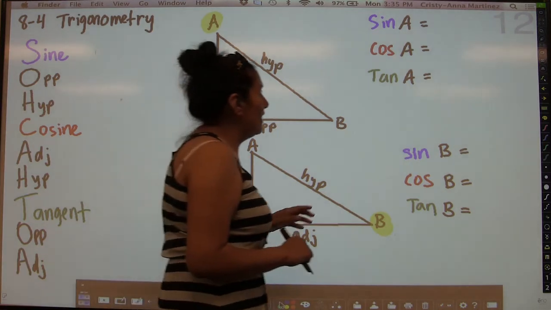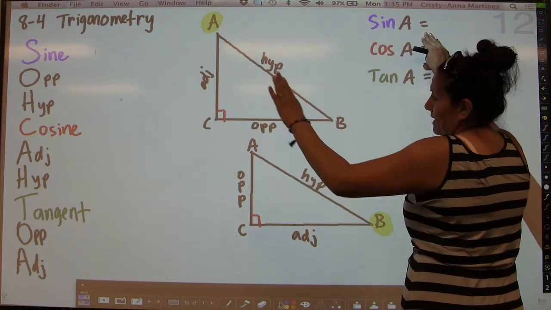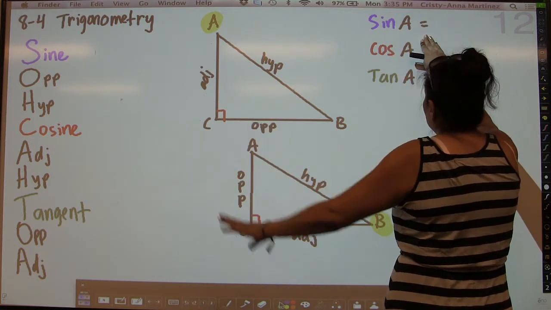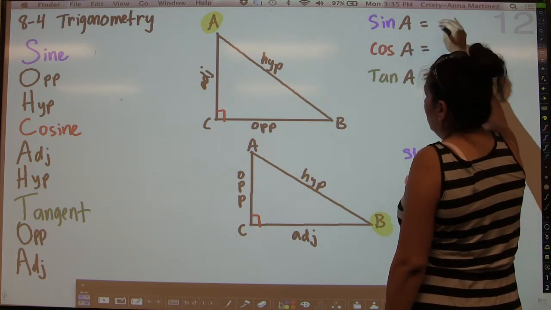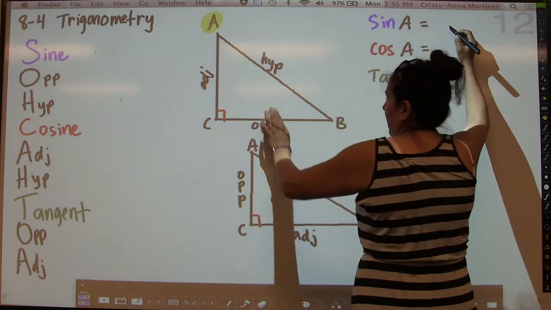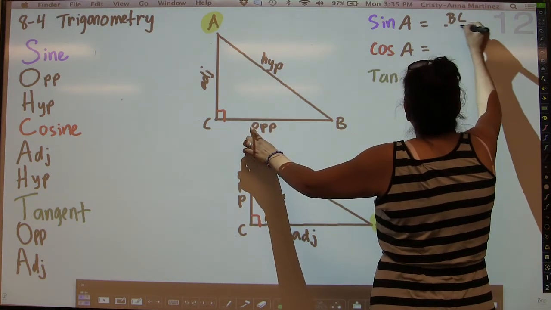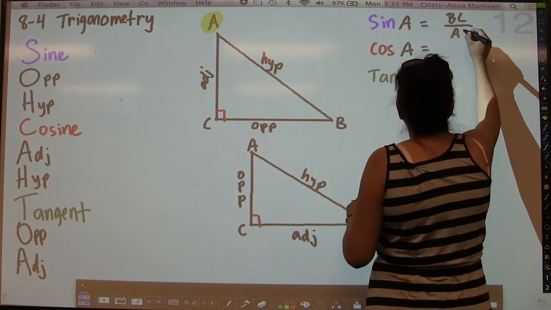So what I'm going to do over here now is for sine of A, because based on our acronym over there, sine of A is opposite over hypotenuse. So I'm going to write over here sine of A. The opposite side for A is side BC, so we're going to put BC over the hypotenuse, which is AB.